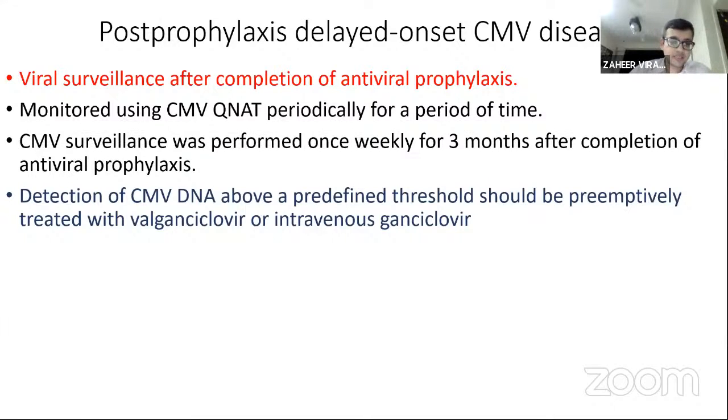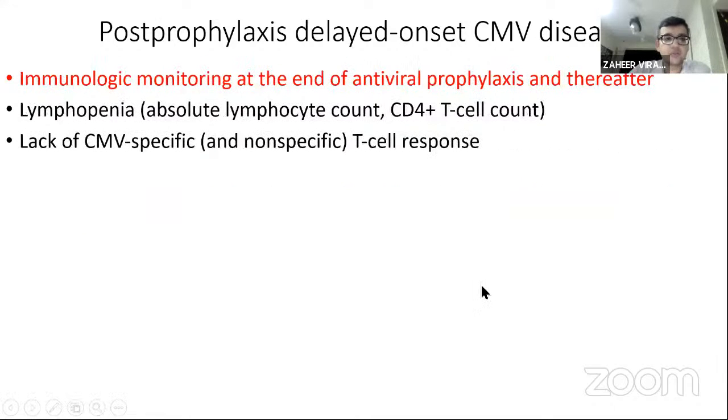This has been shown abroad to reduce the risk of post-prophylaxis CMV disease. But in our country, where there are cost constraints, it might be difficult to do this. Obviously, one can also look at whether there's lymphopenia and the degree of immunosuppression, and decide about the monitoring according to that.